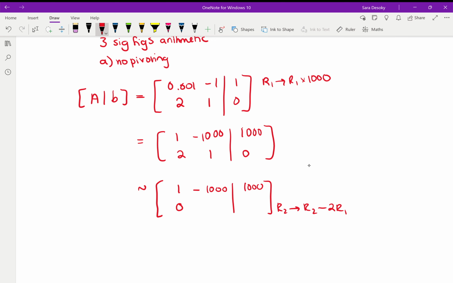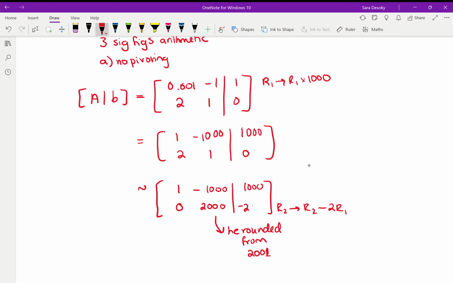I'm going to get 0, 2,000, and minus 2,000, and that is 2001, rounded to 3 digits. And then we'll divide by 1,000.